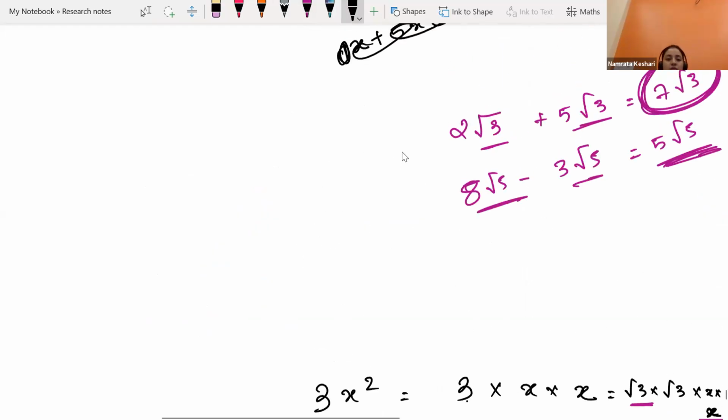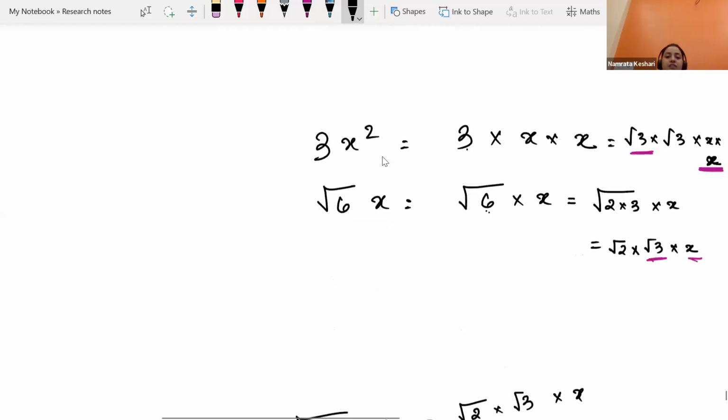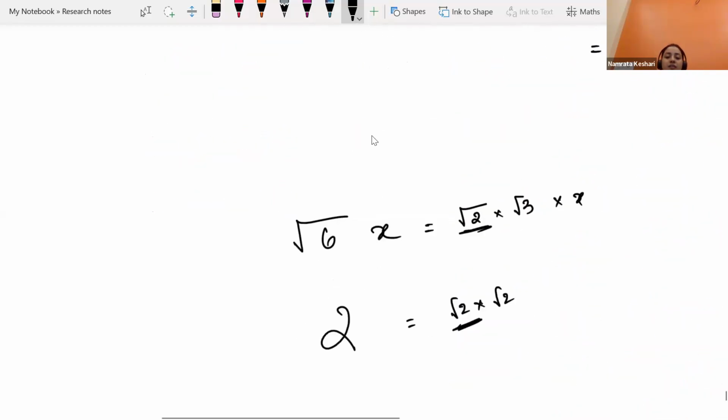Now we realize that we can write root 6 as root 2 into root 3, and 2 can be written as root 2 into root 2. So the common factor will only be root 2. We cannot take any other common factor. Inside, what will be left is root 3x plus root 2.